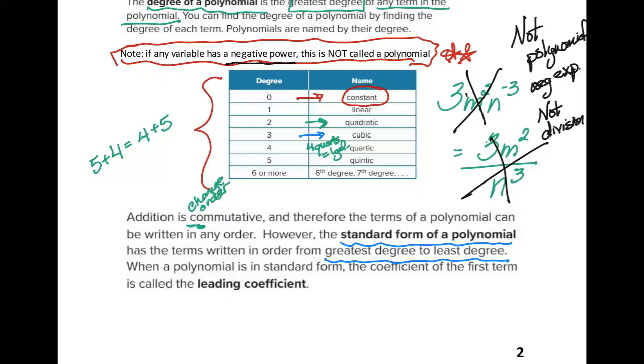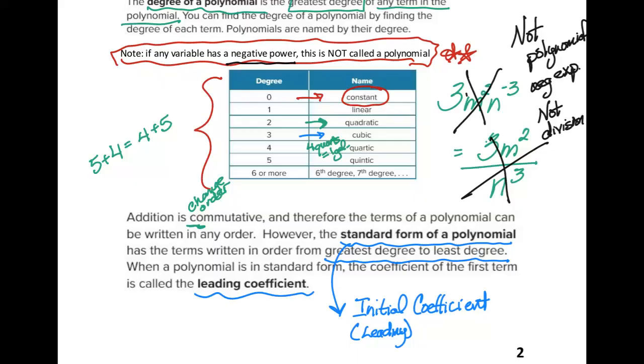Remember we had standard form for linear equations? Ax plus By equals C. There you had to have A be positive. Here, your initial coefficient, which is also mostly called the leading coefficient, can be negative.